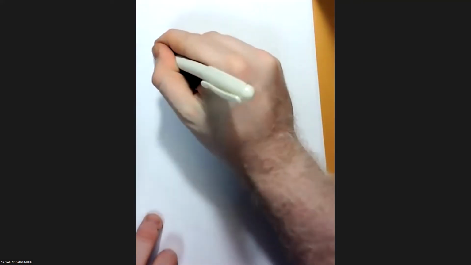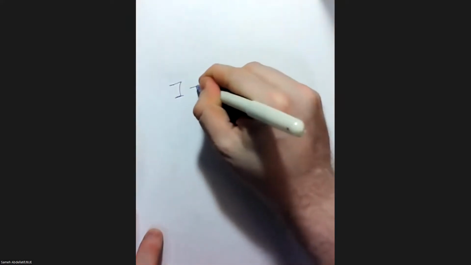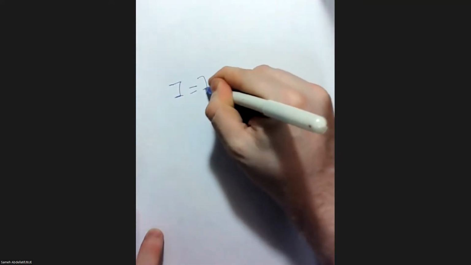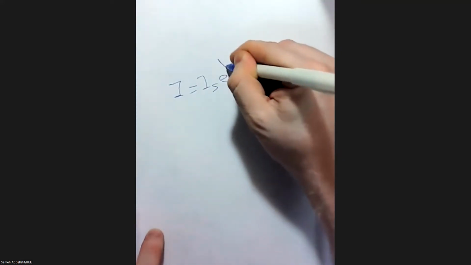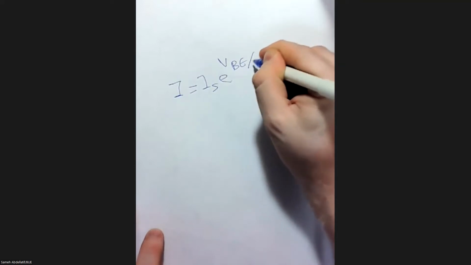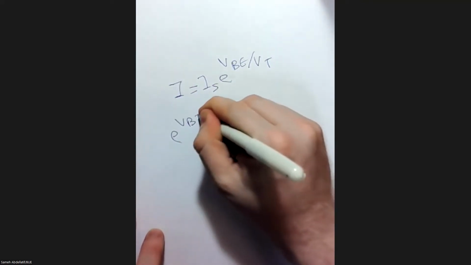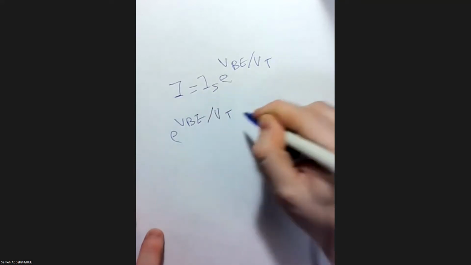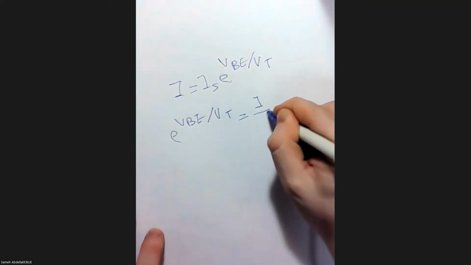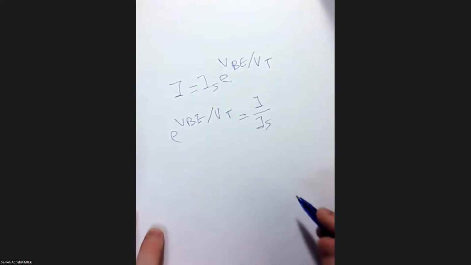So what we say is I equals IS e to the power VBE over VT. So e to the power VBE over VT equals I over IS, multiplying by ln both sides.